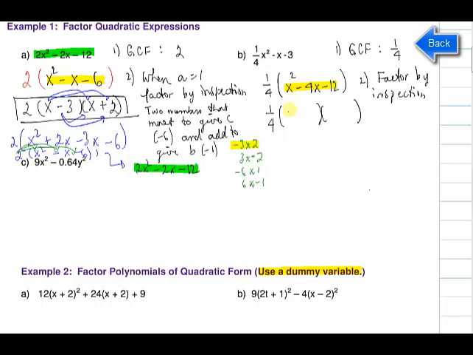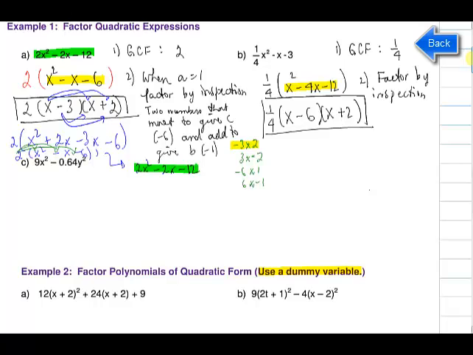The only way you can factor x squared is by x and x. Place those at the front of each bracket. And then what two numbers multiply to give me negative 12 but add to give me negative 4? That would be negative 6 and positive 2. So negative 6 times 2 is negative 12, and negative 6 plus 2 is negative 4. And you have finished factoring this question.